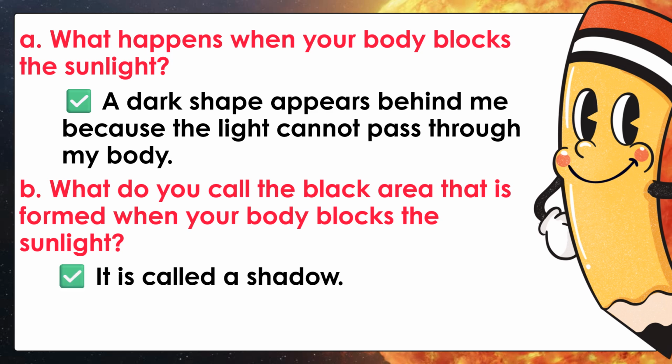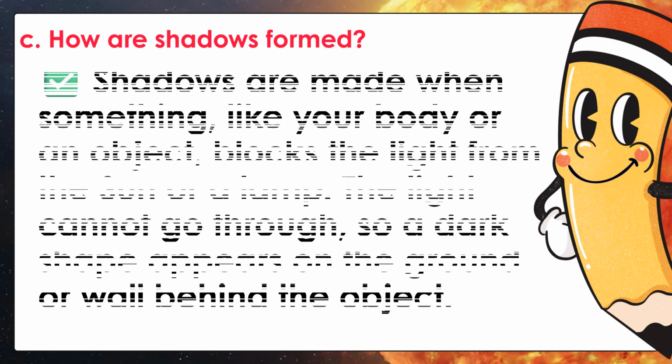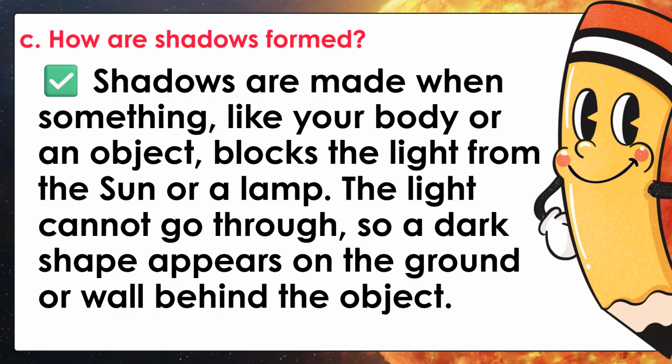The answer, it is called a shadow. C. How are shadows formed? Shadows are made when something like your body or an object blocks the light from the sun or a lamp. The light cannot go through, so a dark shape appears on the ground or wall behind the object.